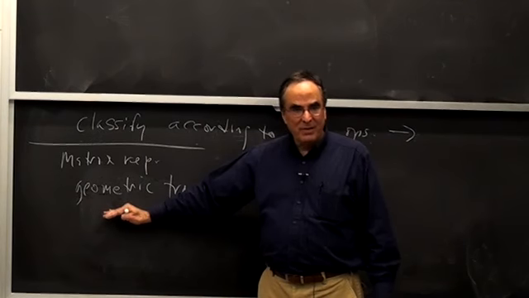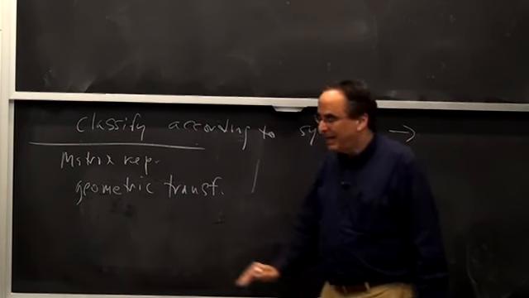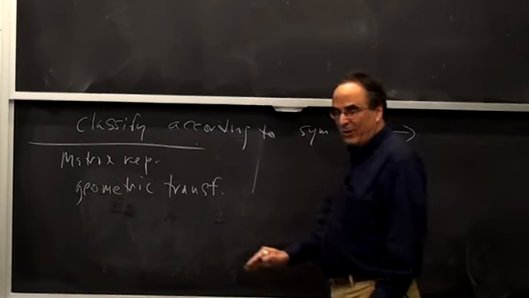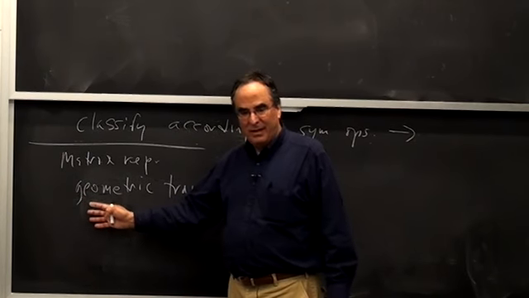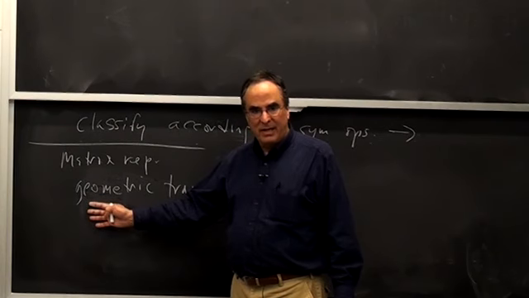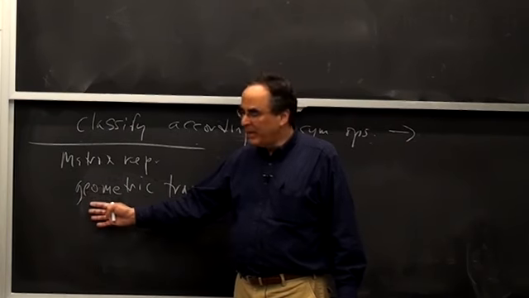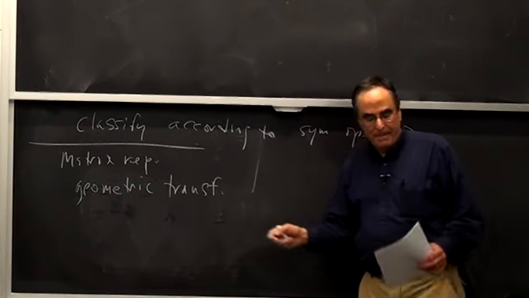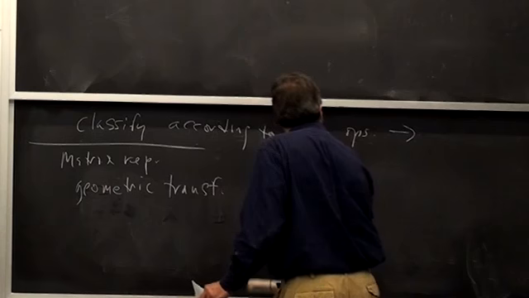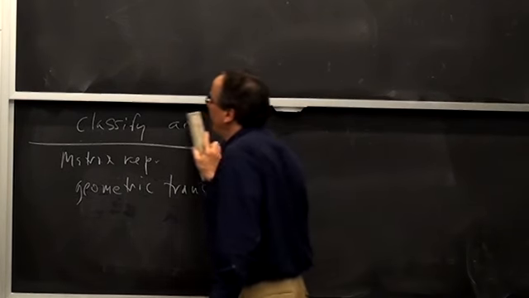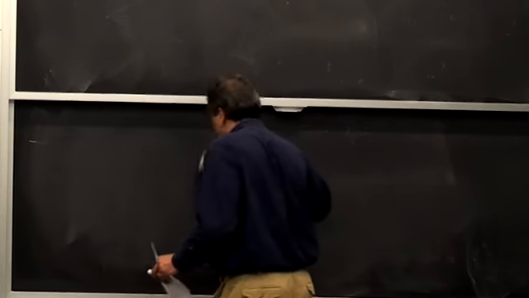And one can, without being good at geometry, one can very quickly work out how to calculate the characters, the traces of the matrices that we need. Okay, so now I have to do some formal stuff, which I don't like very much because I often get confused. Let's do this.